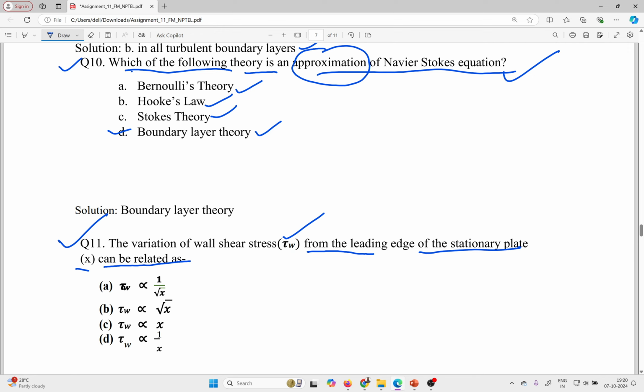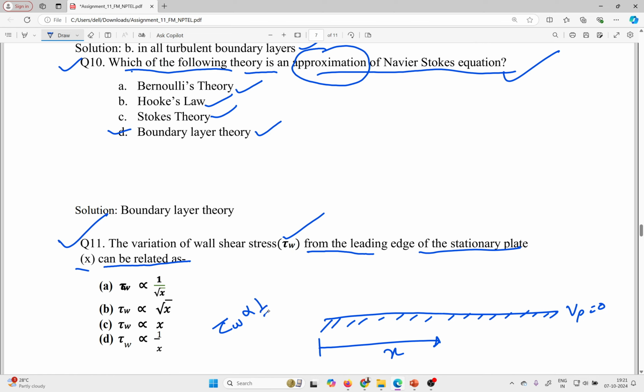The question is about a stationary plate. The velocity of the plate is 0 here, and I am interested to know about the shear stress and distance relation, whether it will be 1 by root x, root x, x, or 1 by x. These four options are given.